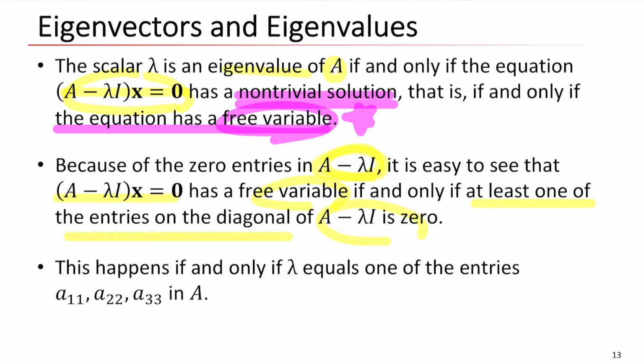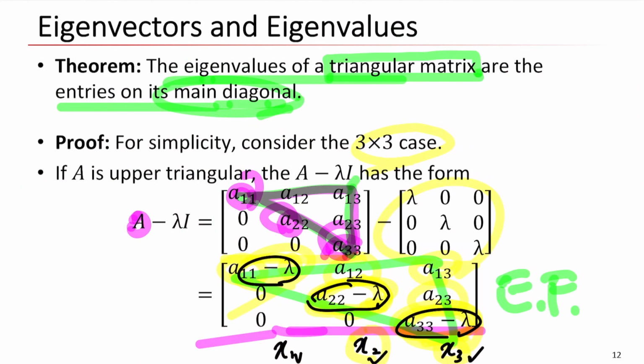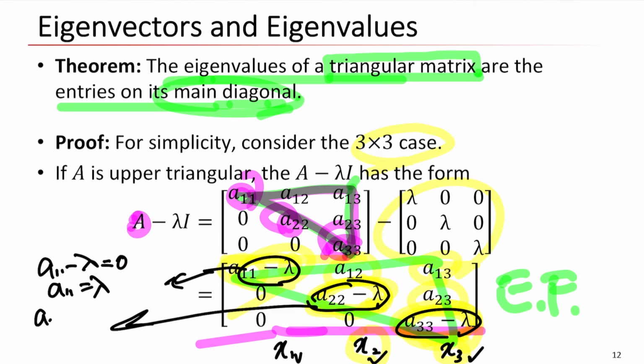This happens if and only if lambda is equal to one of the entries A11, A22, A33 in matrix A. So A11 minus lambda is 0 when A11 is equal to lambda, or A22 is equal to lambda, or A33 is equal to lambda.